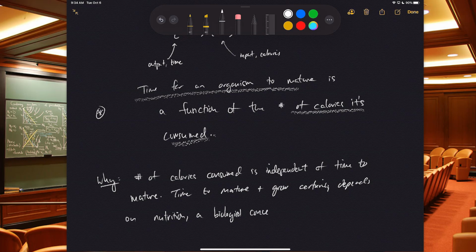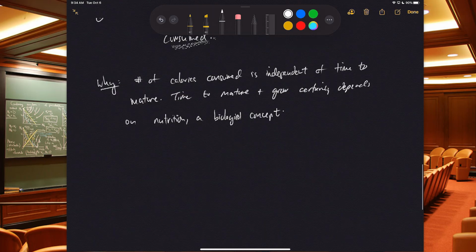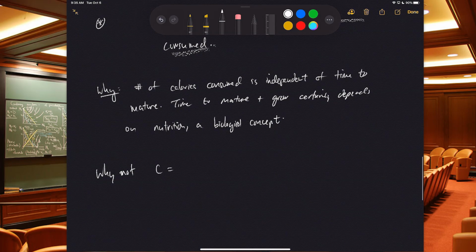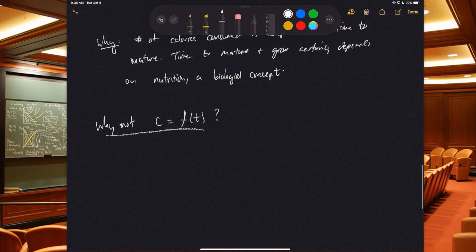Biological concept. Okay, and so the question is, why isn't calories a function of the time it takes to mature?